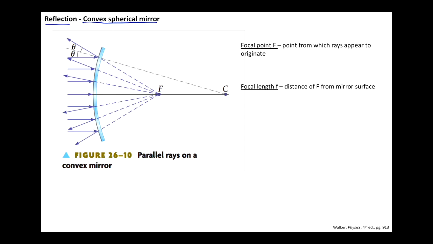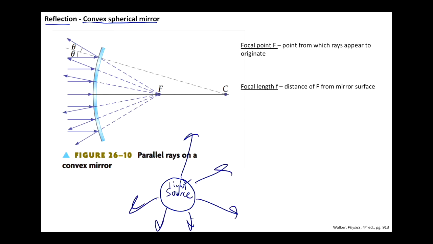Thinking back to, let's say this is a light source, and if light leaves a source in all directions, and I were sitting really close to that light source, you can imagine that around me the light rays are spreading out. They're getting farther and farther apart. In other words, they're diverging from the source.